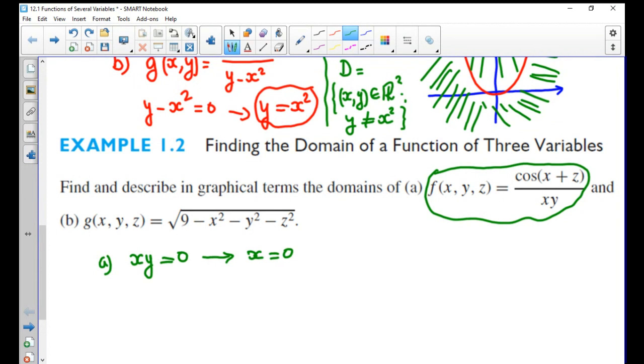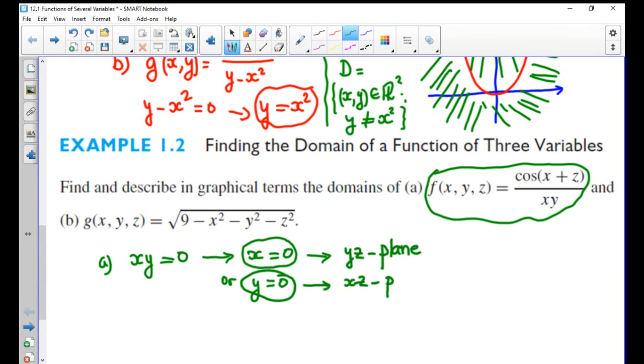Now, x equal to 0 in 3 dimensions, in space. In which region do you have x equal to 0? It's the YZ plane. And in which region is y equal to 0? The XZ plane.